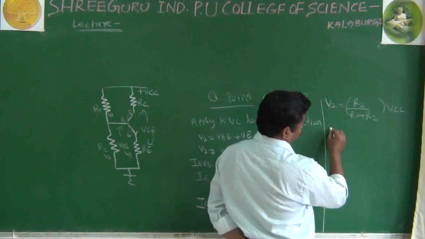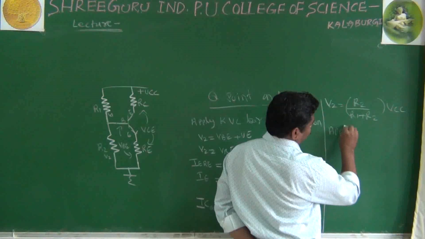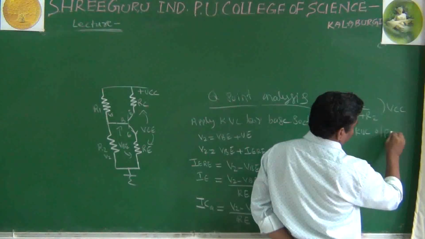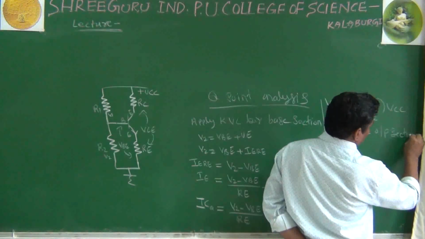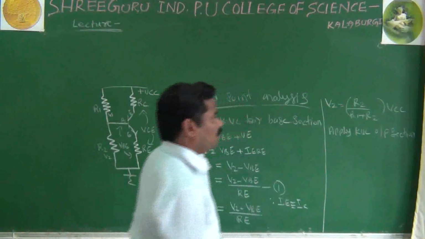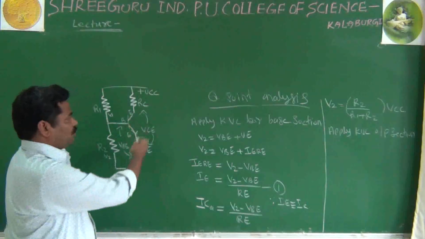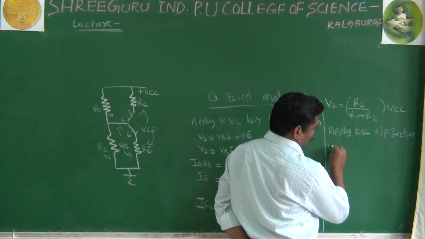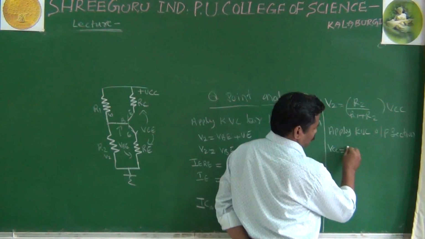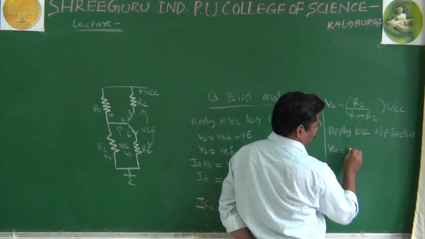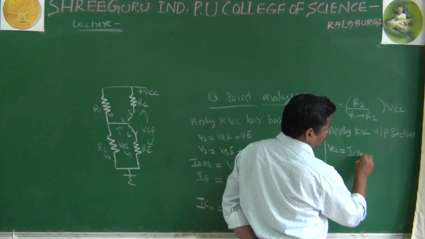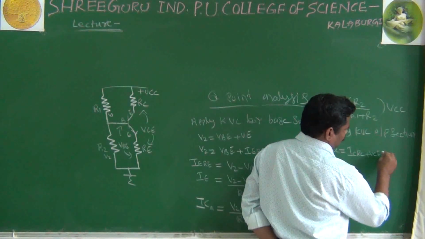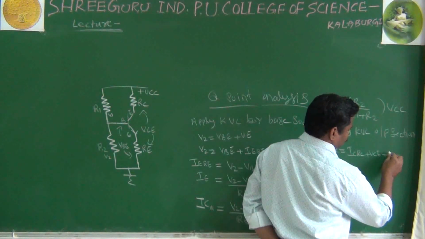As we apply KVL for the output section, VCC equals IC into RC plus VCE plus VE.